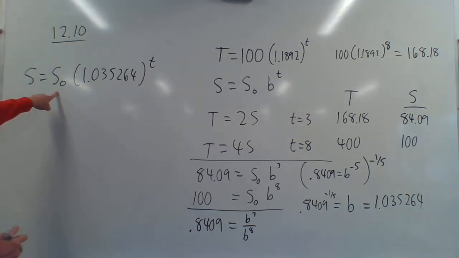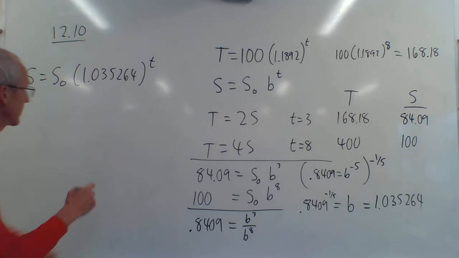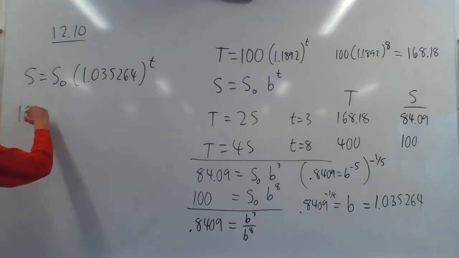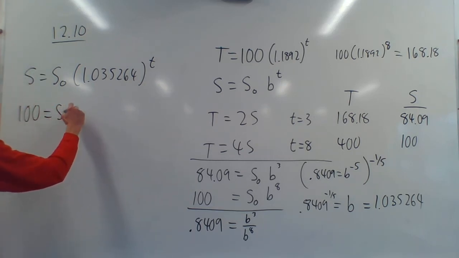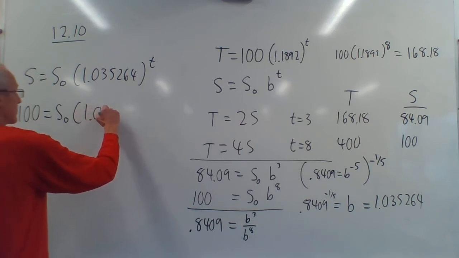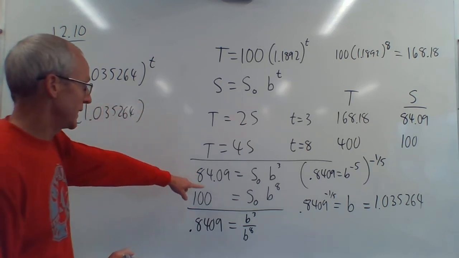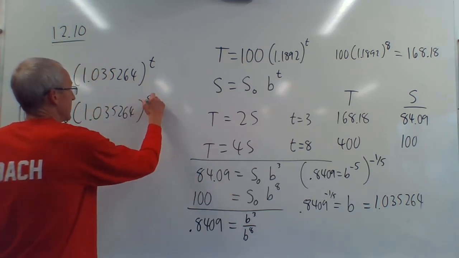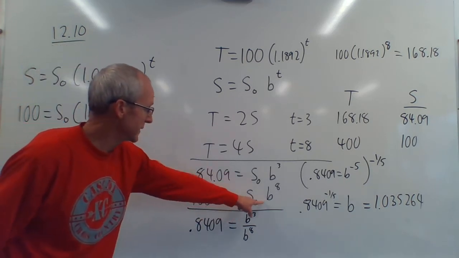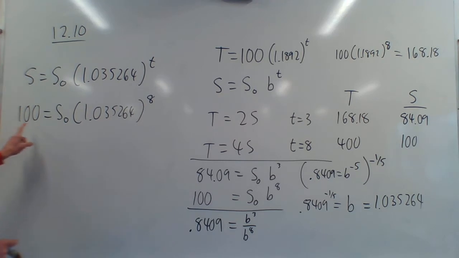Now all we have to do is use one of these points to figure out what S0 is. So let's use the 100 like we said. 100 is equal to S0 times 1.035264 to the eighth. Our base is this, it's 8 days, we have 100 spiders.